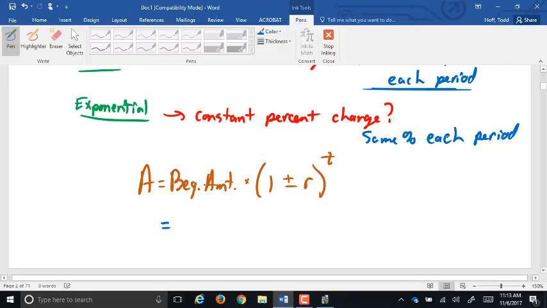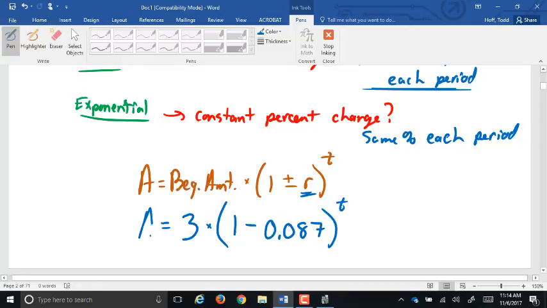So for this example, the beginning amount was, we're just going to put in 3 for 3 trillion, times 1 minus, what's the rate that they give us here in number 2? Oh, careful, 8.7. So it's 0.087 to the power of t.